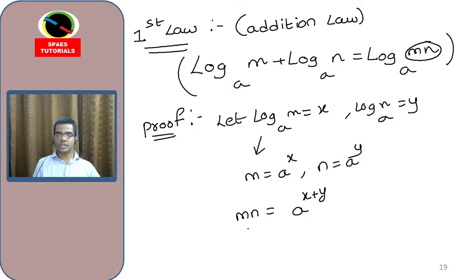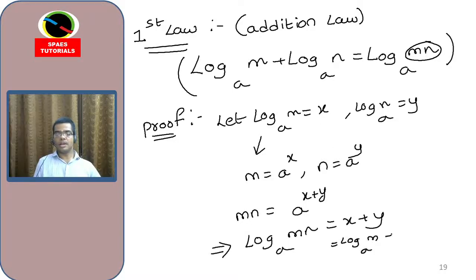Now this exponential notation we can convert into logarithmic notation. Log mn base a is equal to x plus y, but x is nothing but log m to the base a and y is nothing but log n to the base a. This should be very much clear for you.